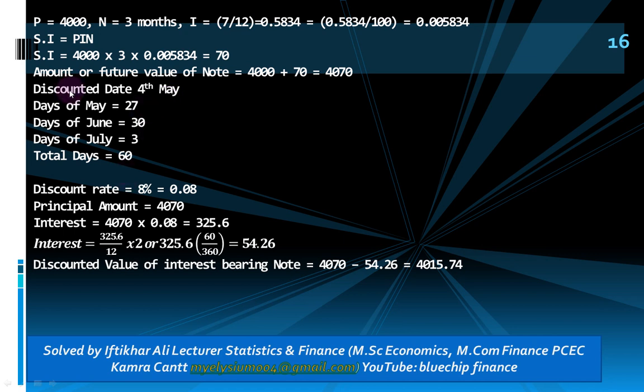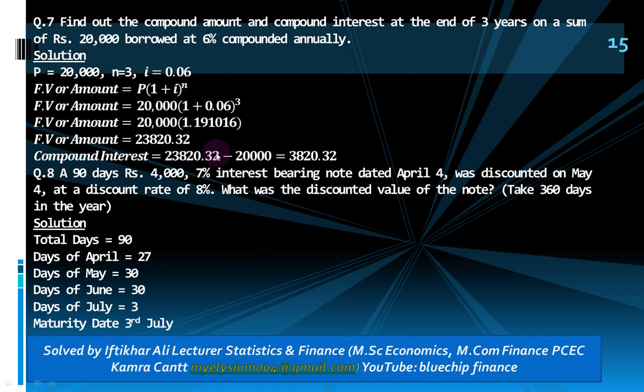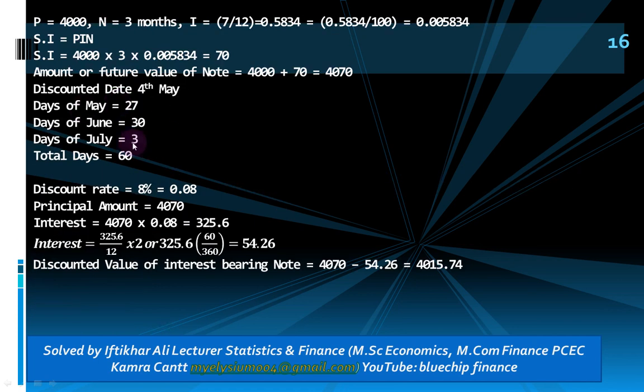After that, discounted date 4th May. So it is the B part, in fact, amount or future value of note 4070. So after that, discounted date is 4th May. Days of May 27, days of June 30, days of July 3, and total days 60. It is further discounted for 2 months.